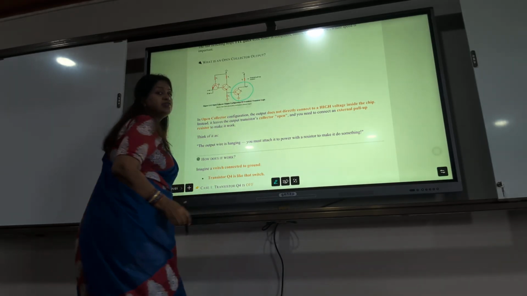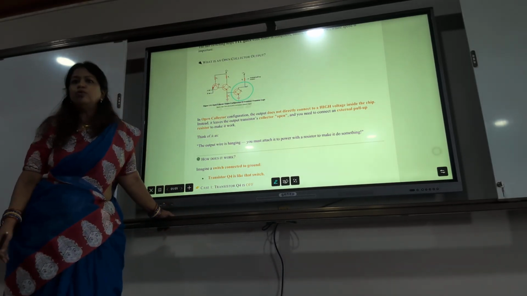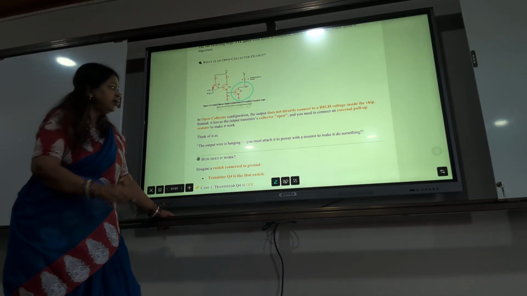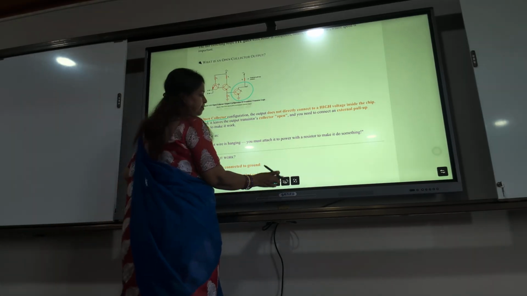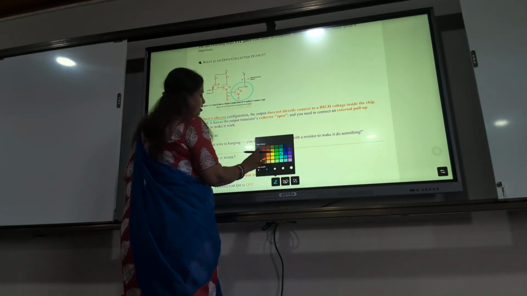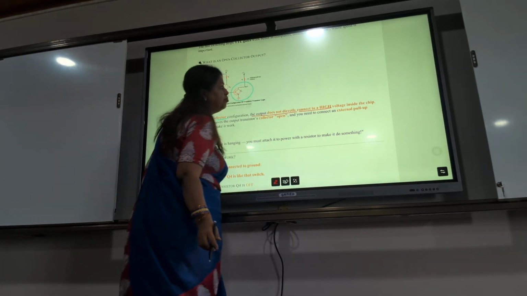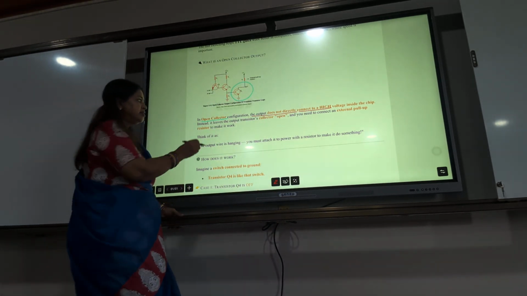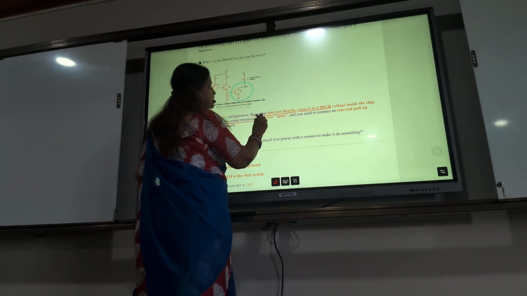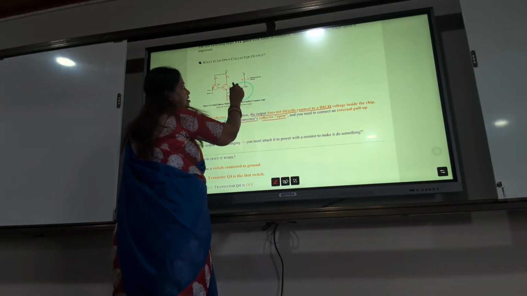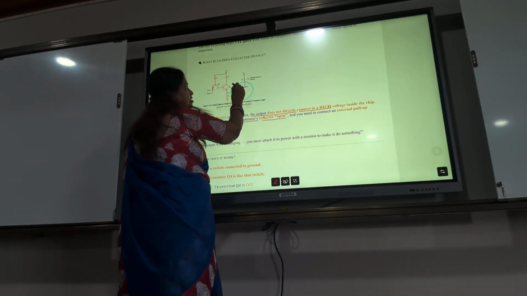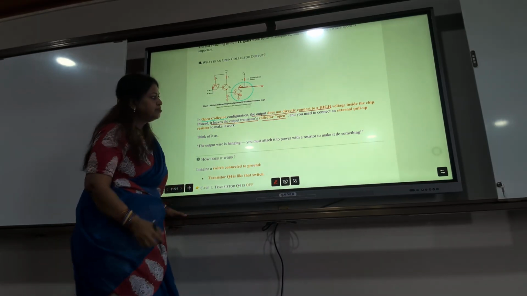In the totem pole you have two, here only one. So in the open collector configuration, the output does not directly connect to the voltage inside the chip. Instead, it leaves the output transistor's collector open. Here this is the emitter, this is the collector, this is open.